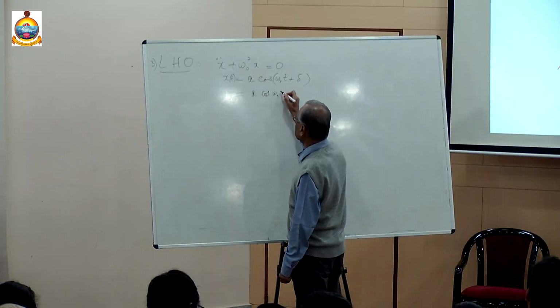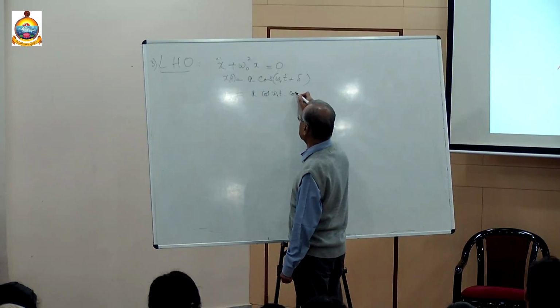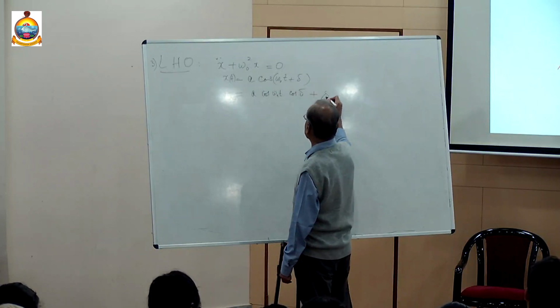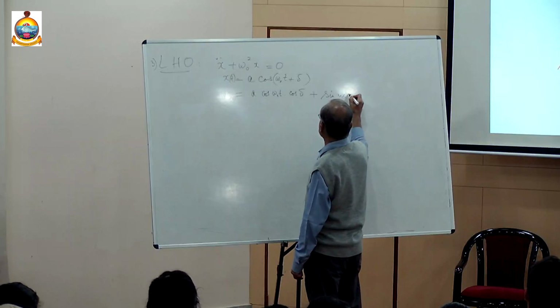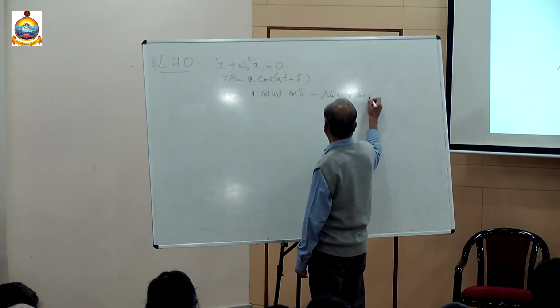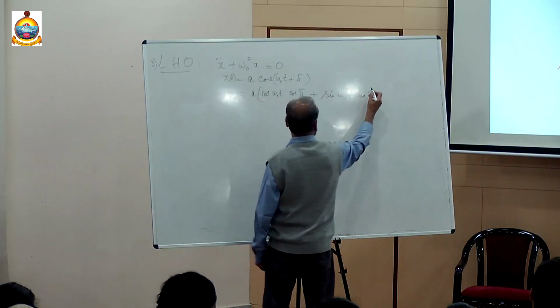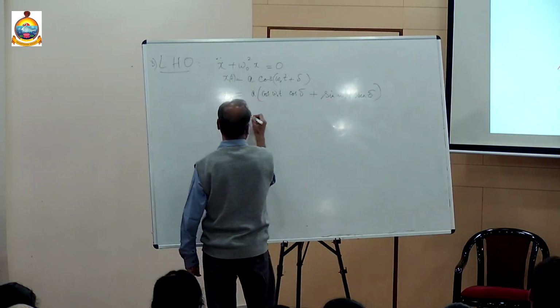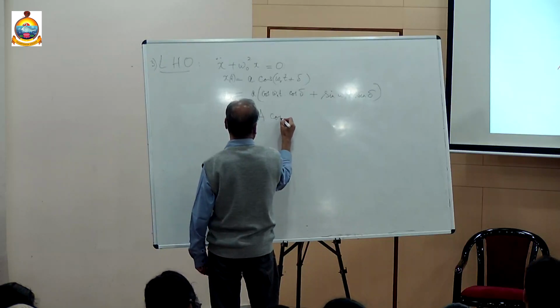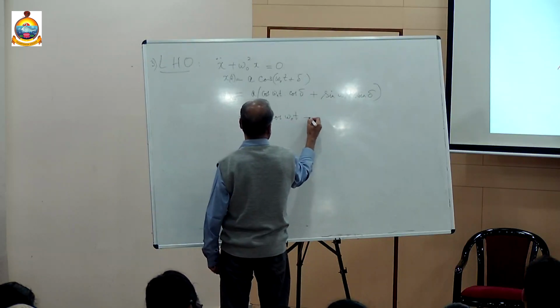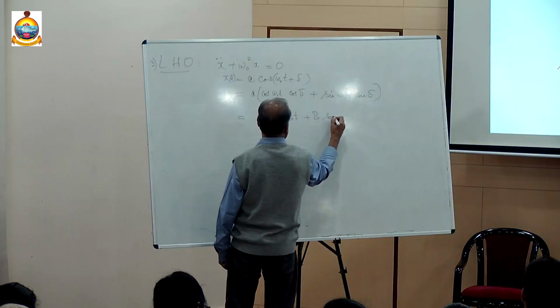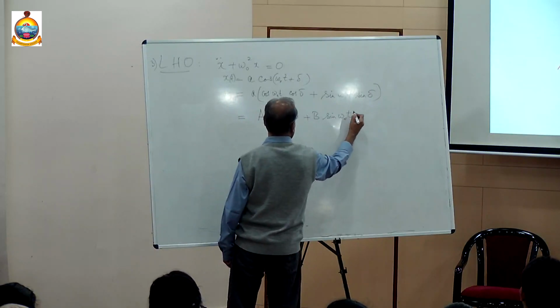So cos omega naught t into cos delta minus sin omega naught t into sin delta, into a.